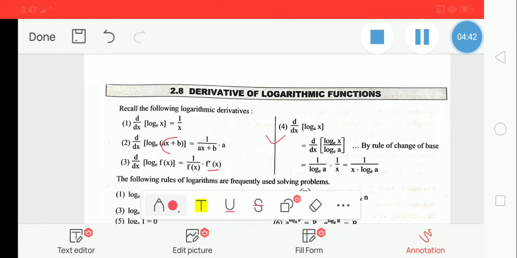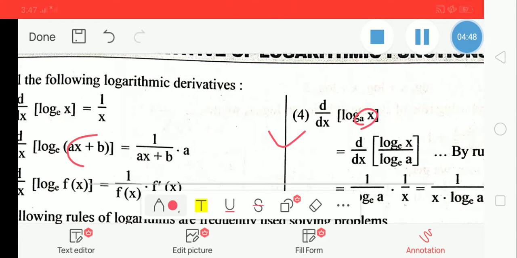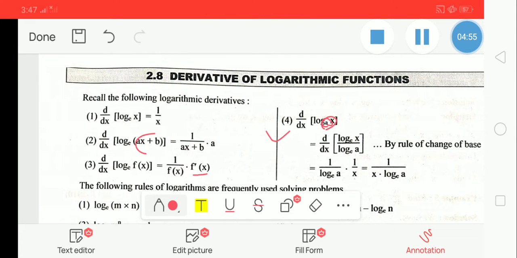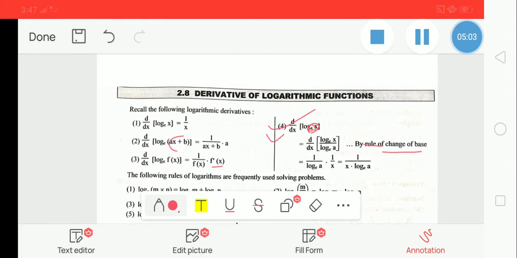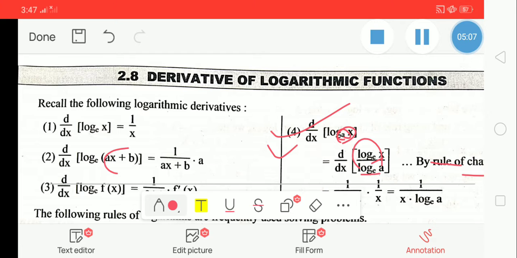Then fourth is d by dx of log of x to the base a. Here it is log to the base a. If the base a comes here, we cannot apply the derivative directly, so we first use the rule of change of base. Using this rule, we write log of x to the base e divided by log of a to the base e.